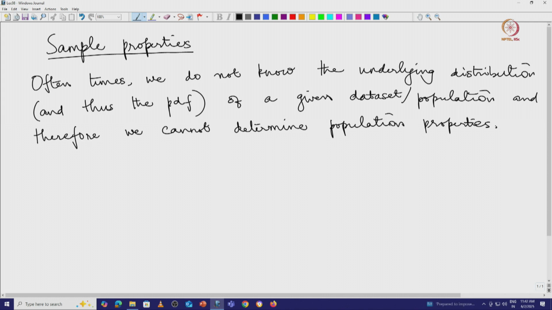Right. For this reason we have to work with the sample properties, right.